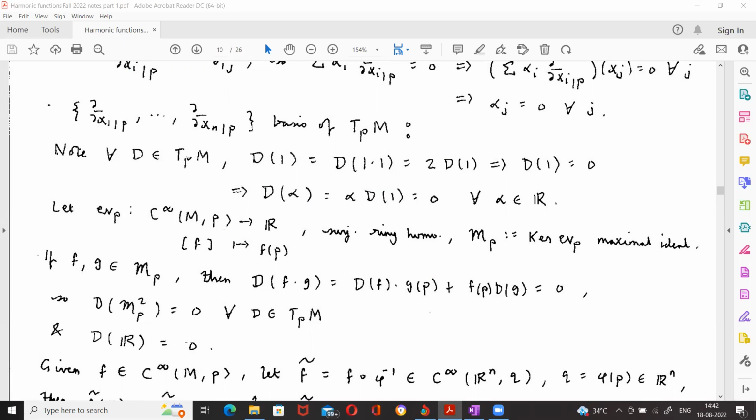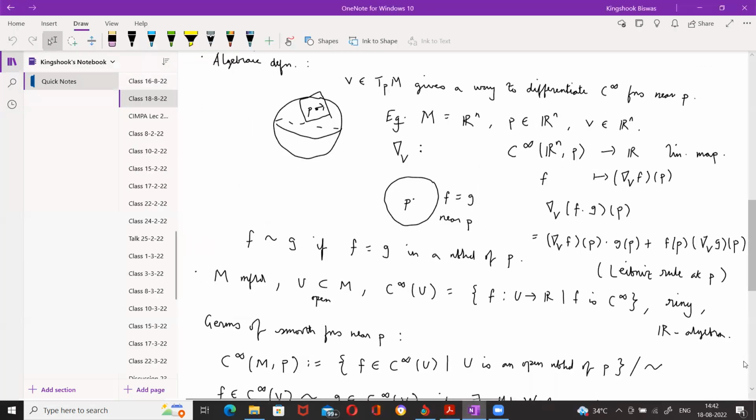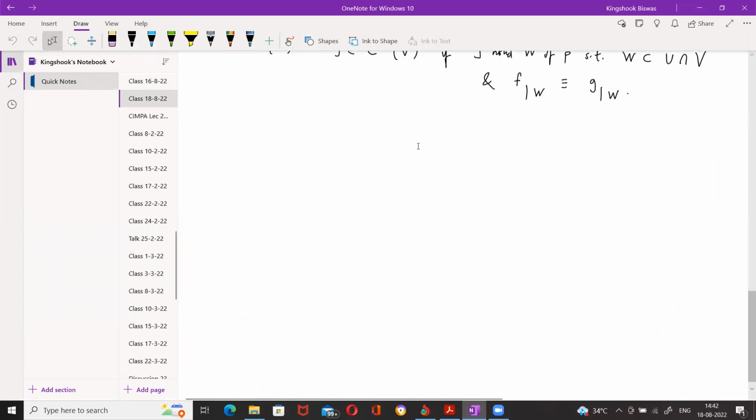So any element of the tangent space D, it would vanish on the constant part and it would vanish on the second order part. So it would only act on the first order part, right? Okay. So the idea is that you can write C infinity MP, so this is the sort of second order Taylor formula that we want to have.